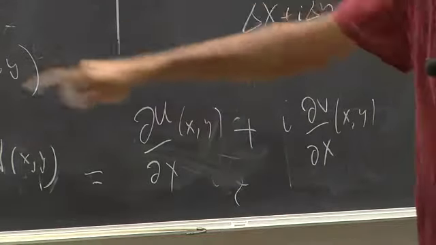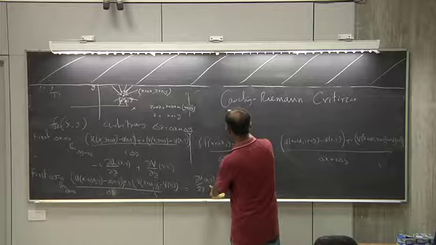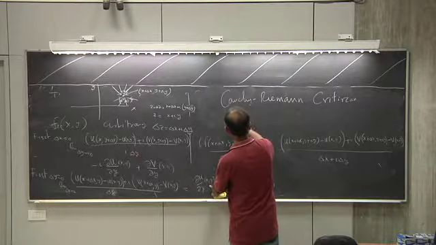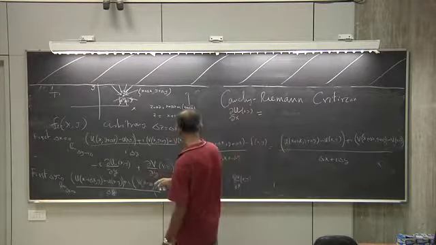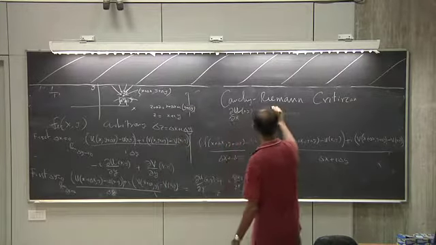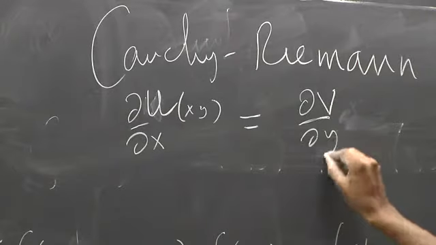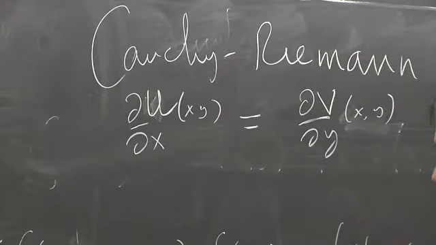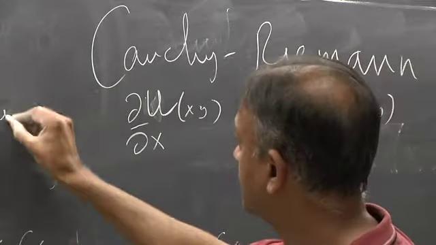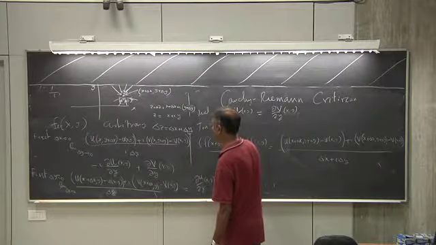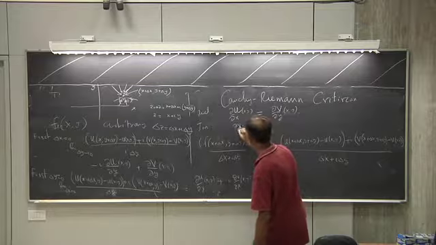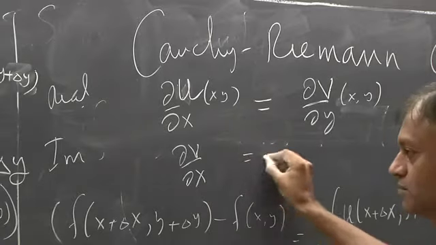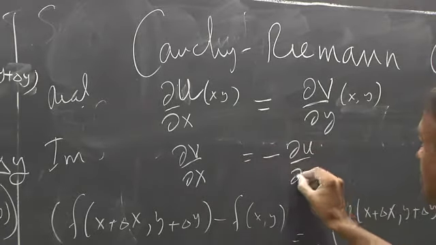Equating the real parts, you get du by dx at x y equal to dv by dy at x y. And equating the imaginary parts, you find dv by dx equal to minus du by dy.